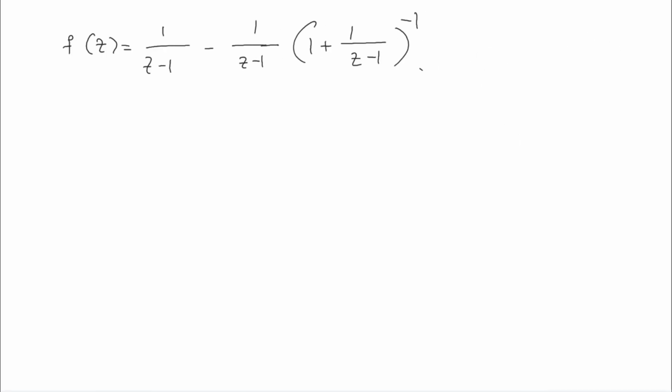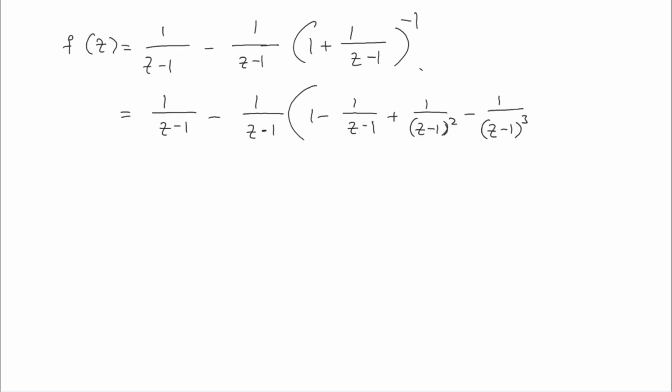Now by using this condition we can write this as 1 divided by z minus 1 minus 1 divided by z minus 1 times 1 minus 1 divided by z minus 1 plus 1 divided by z minus 1 whole square minus 1 divided by z minus 1 whole cube plus and so on, which is nothing but the infinite sum of the geometric progression with first term 1 and the common ratio as this term.